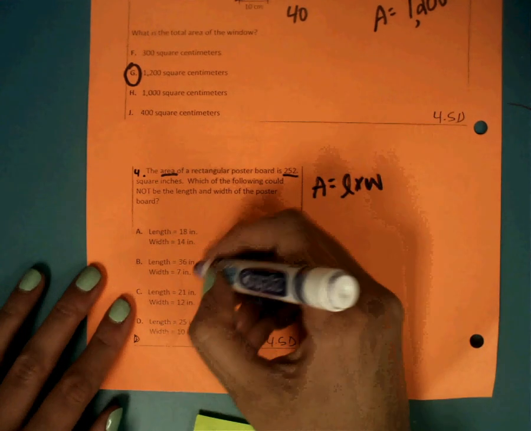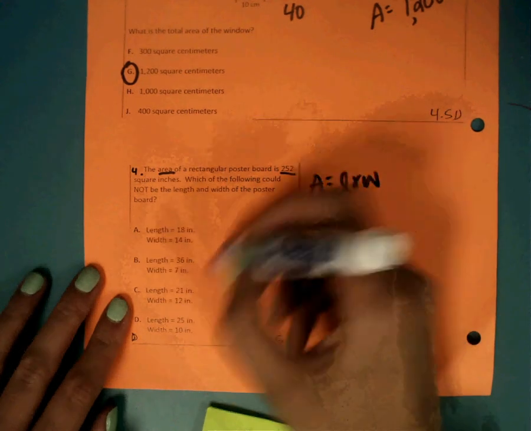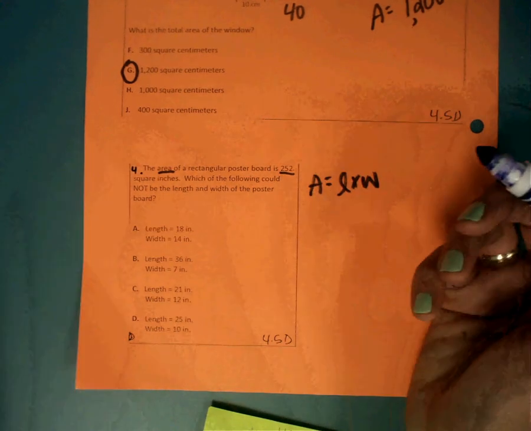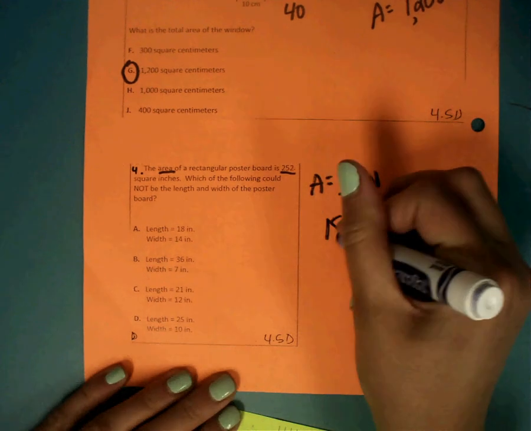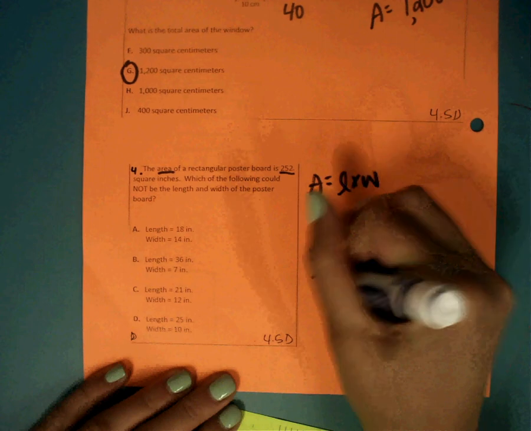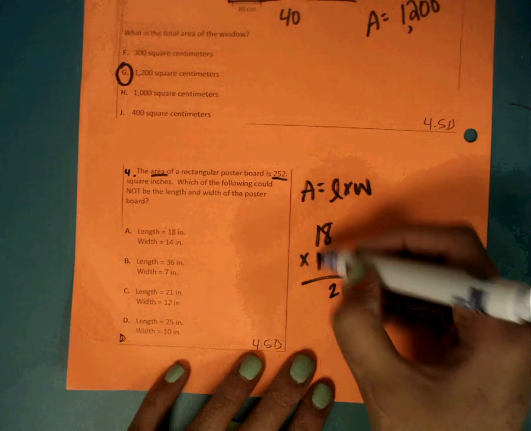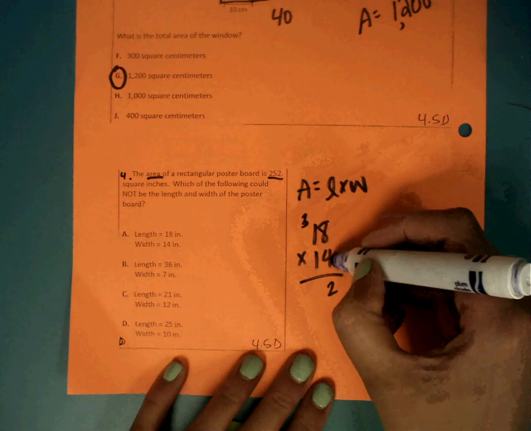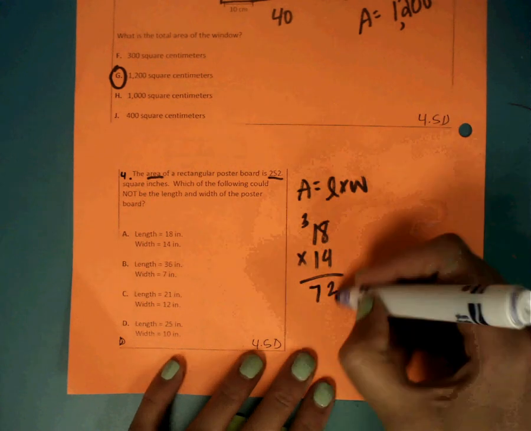So if I multiply 18 times 14, it should equal this. This times this should equal this, and so on. One of them doesn't. So let's check. 18 times 14. Let's do that one first. 8 times 4 is 32. Carry my 3. 1 times 4 is 4 plus 3, 7.